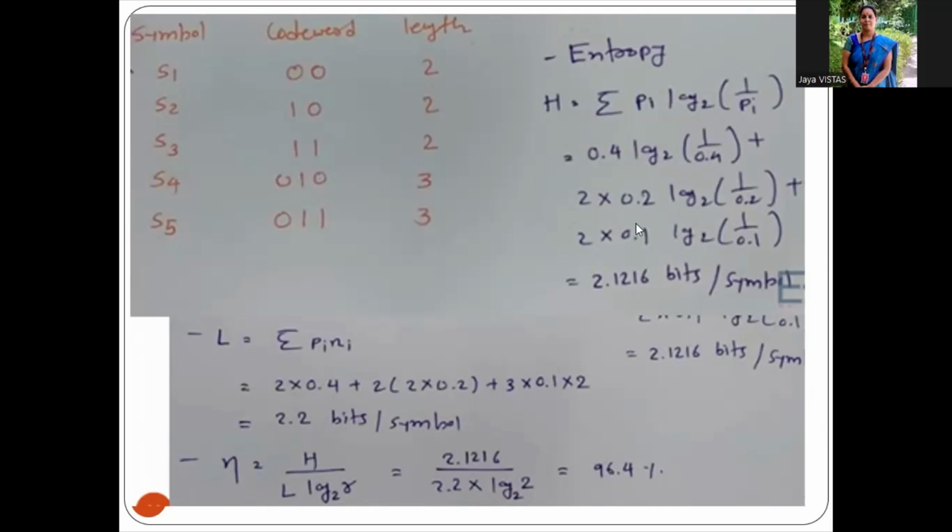Using this formula we can calculate the log to the base 2. Then we calculate this equation and get 2.1216 bits per symbol. This is the entropy of the source.